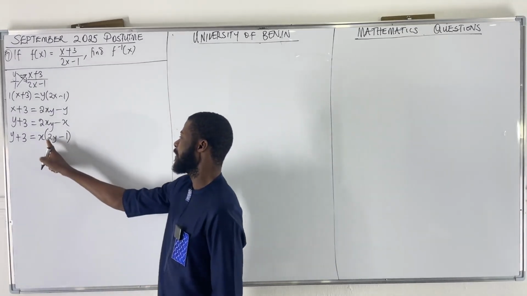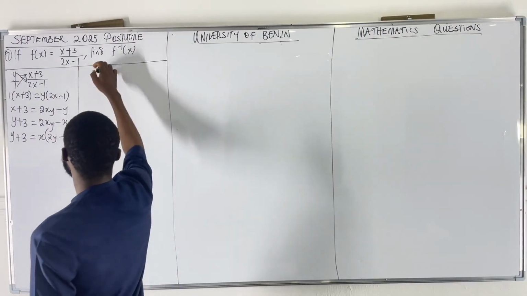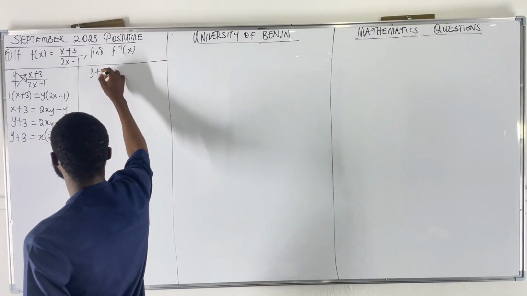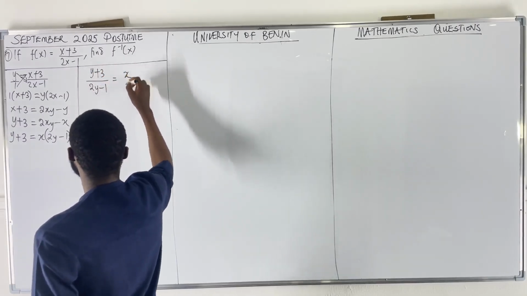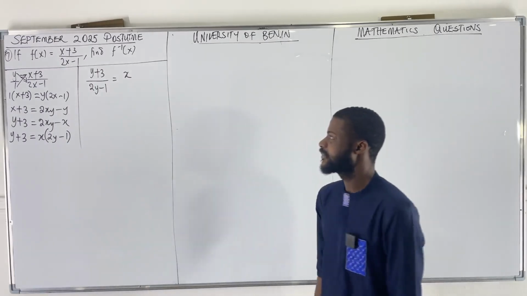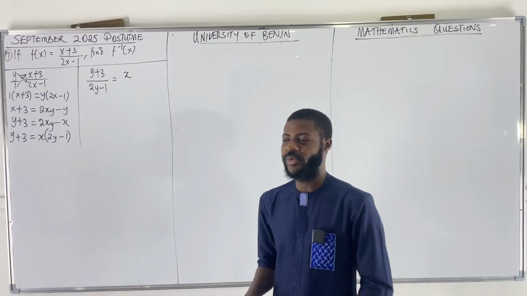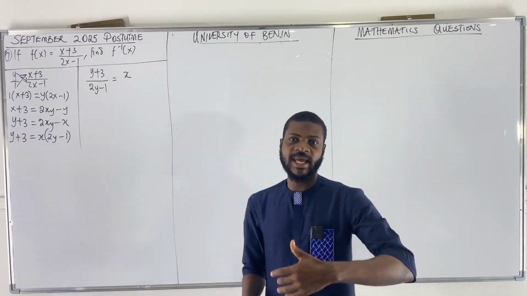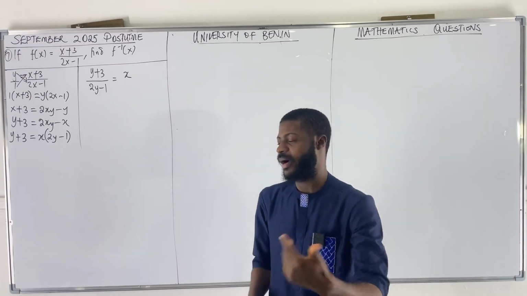Anyway, let's divide both sides by 2y minus 1. So when you divide both sides by 2y minus 1, this will become y plus 3 divided by 2y minus 1 equal to x. What you want to do next, after making x the subject, is replace x with y and y with x.